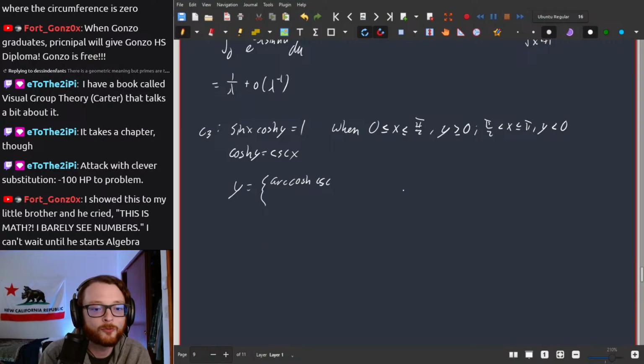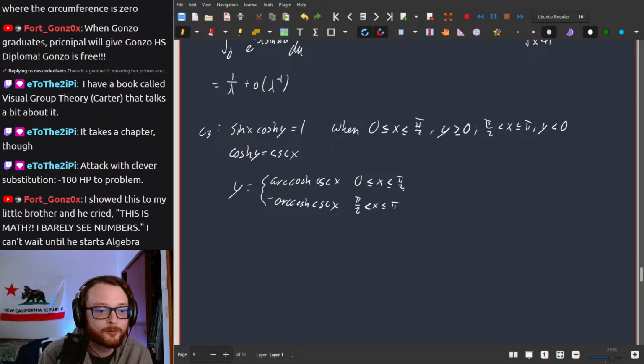Arc-Cosh of cosecant x. This is definitely my favorite function. When x is between 0 and pi over 2, and minus arc-Cosh of CSC x when pi over 2 is less than x is less than pi.